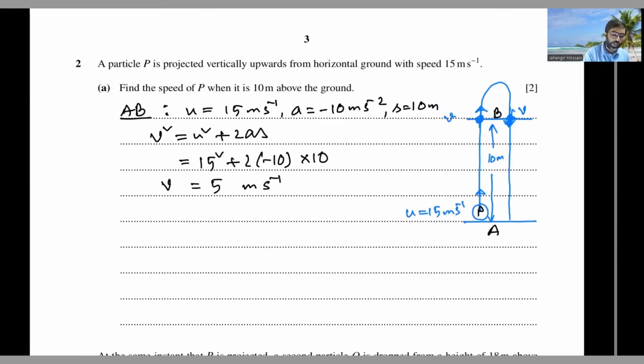Q is dropped with initial velocity 0. So let's say they meet somewhere here. By that time, the distance traveled by P is x meters upward and the distance traveled by Q is y meters downward.